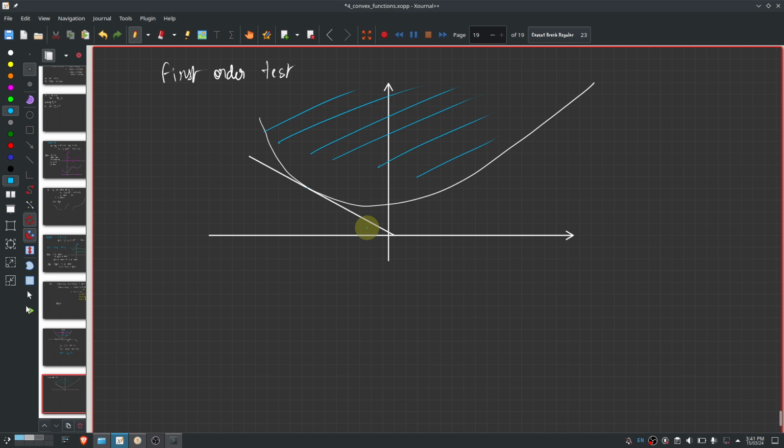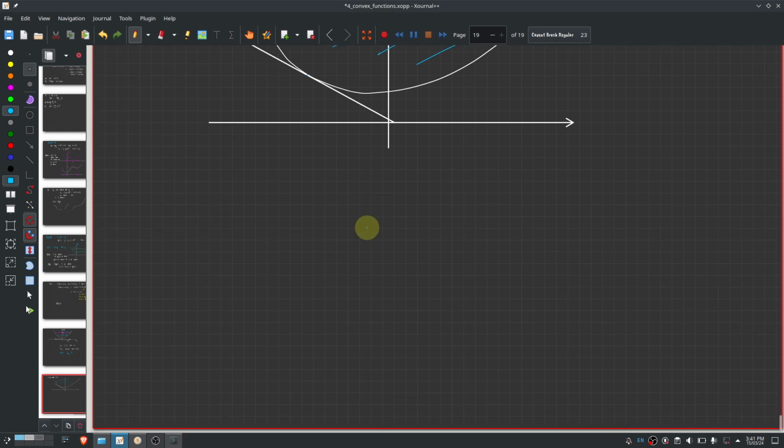So many ideas or geometric results for convex functions can be translated to convex sets and vice versa through this epigraph. Any questions?